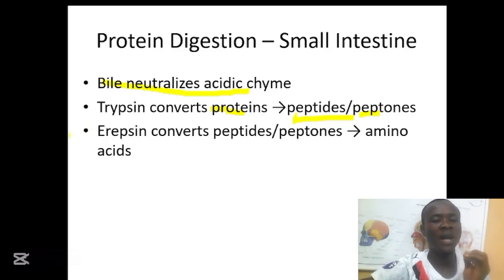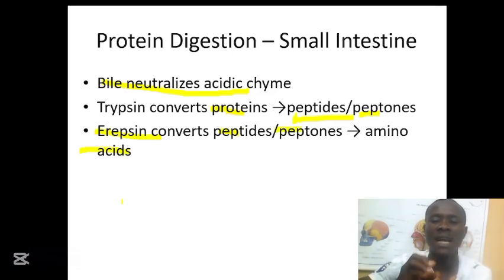We just have one enzyme in there that will digest protein, that is erepsin. So the erepsin present in the intestinal juice will convert the peptides and peptones into amino acids.